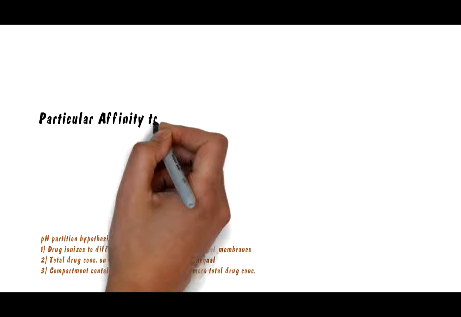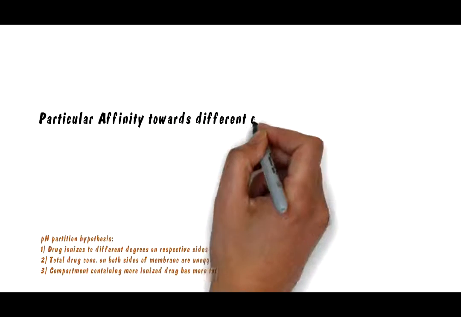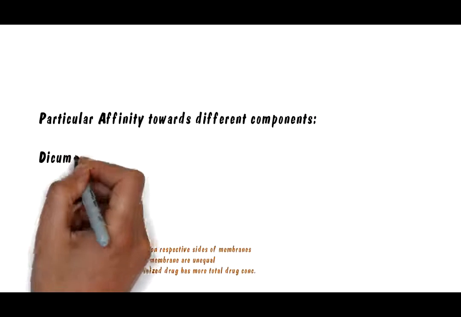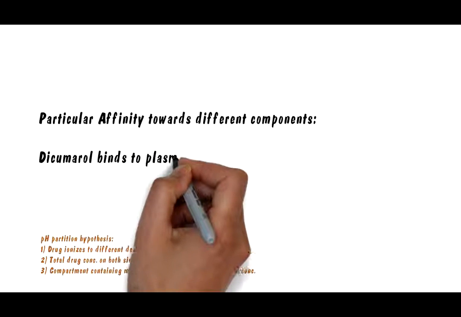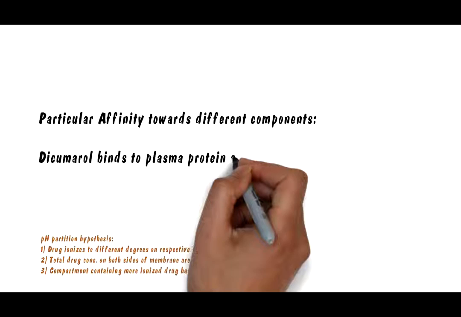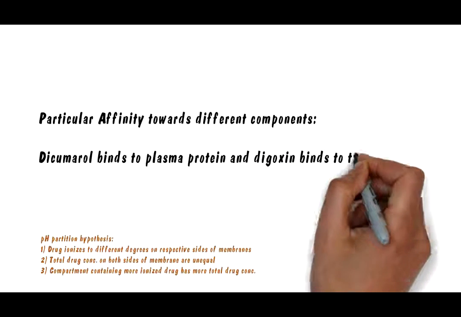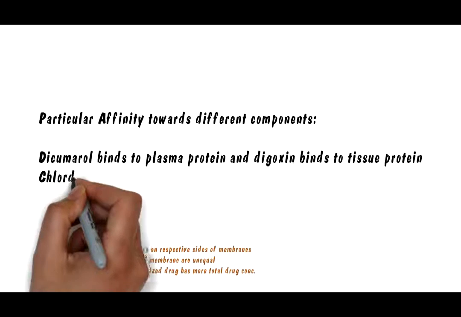And the drug has particular affinity towards different components. For example, dicumarol binds to plasma protein and digoxin binds to tissue protein. So a drug binding to the plasma proteins or tissue proteins would not be able to pass through the membranes and reach the target site.